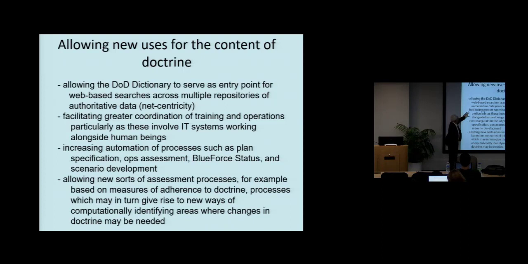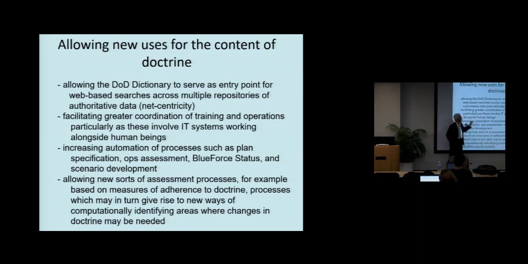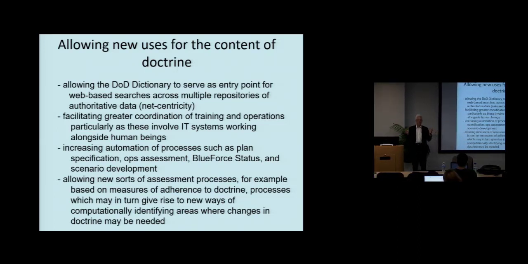But similarly, it can be used by the same means to facilitate greater coordination, for instance, when you're doing training or when you're doing planning, because we can use exactly the same search principle. We have plans being built over here, plans being built over here. If the joint doctrine ontology is used to tag the terms used in those plans, then we can put sentences from those plans together and check the consistency of that plan.